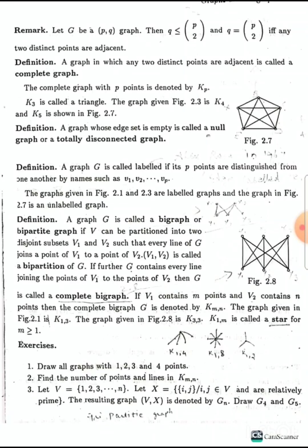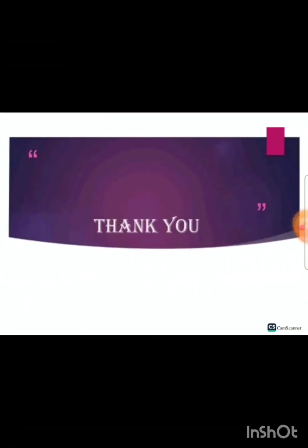V1 has m vertices and V2 has n vertices, and every one of the m vertices is connected with the n vertices. The graph in figure 2.1 is K1,3, and the graph in figure 2.8 is K3,3. K1,m is called a star, where m is greater than or equal to 1. Thank you.